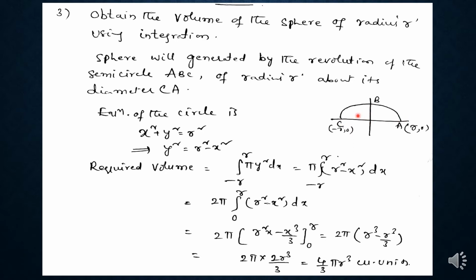By rotating this area about the x-axis, we get the sphere. So we take x squared plus y squared equals r squared, and y squared equals r squared minus x squared. And by writing the volume equation, substituting y squared, integrating and substituting the limits, we get the solution, that is 4 by 3 pi r cubed cubic units. This is the volume of the sphere.